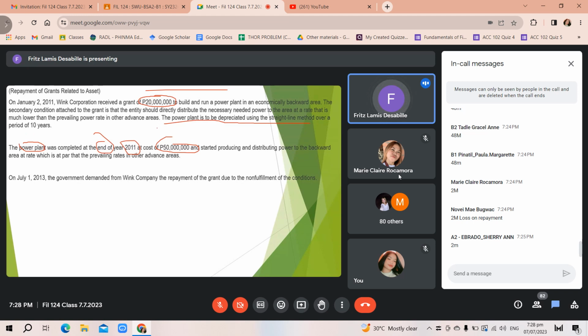And started producing and distributing power to the backward area at a rate which is at par, blah, blah, blah. 2013 daw, guys. Take note of the date, July 1.